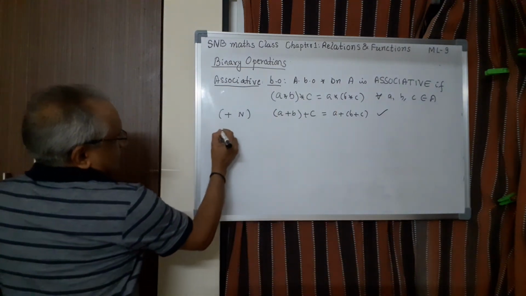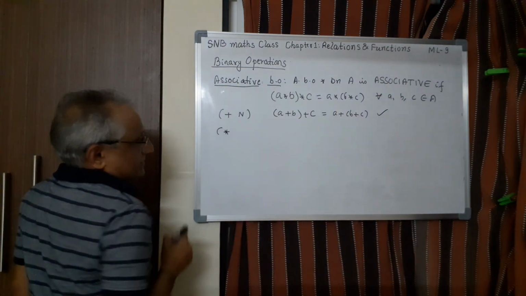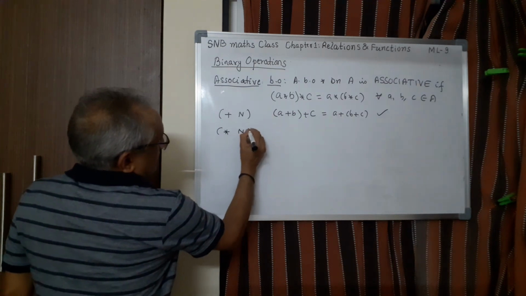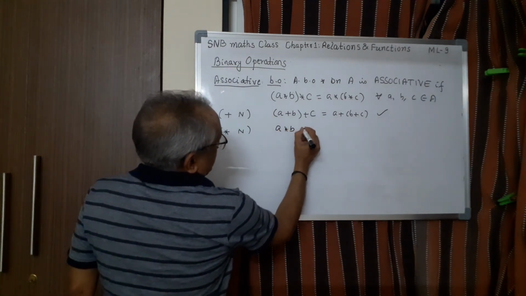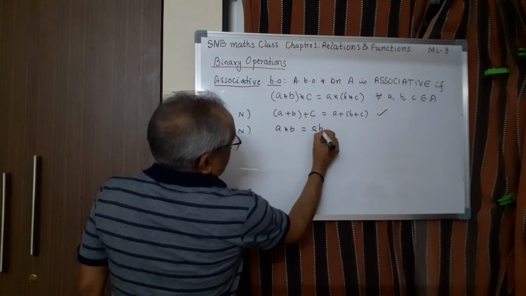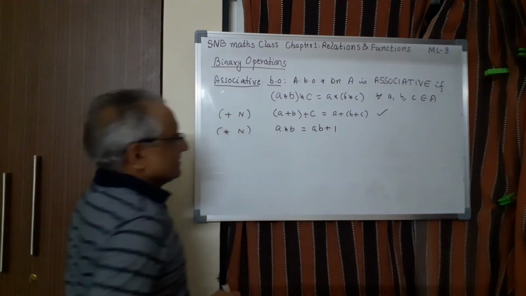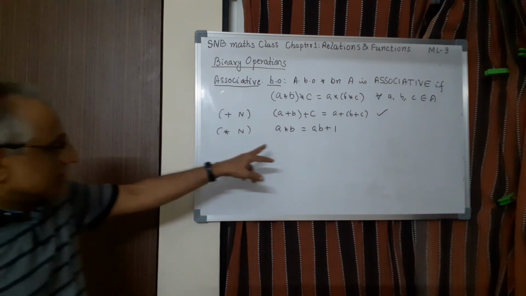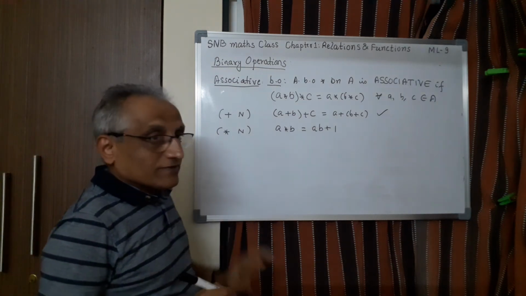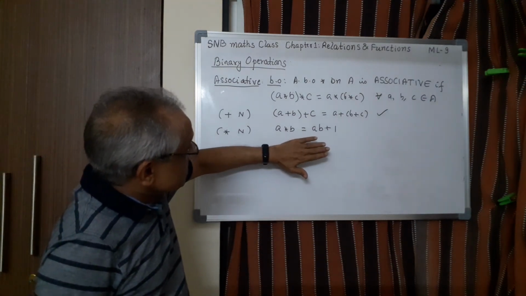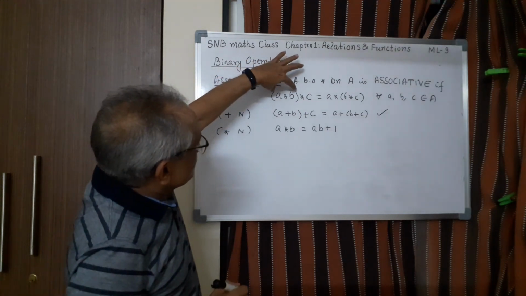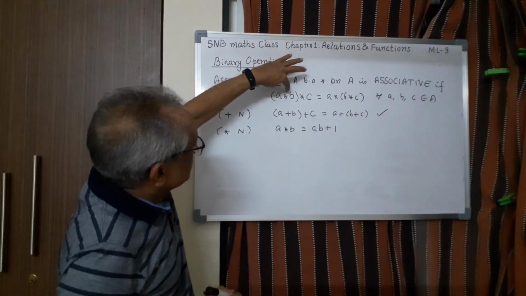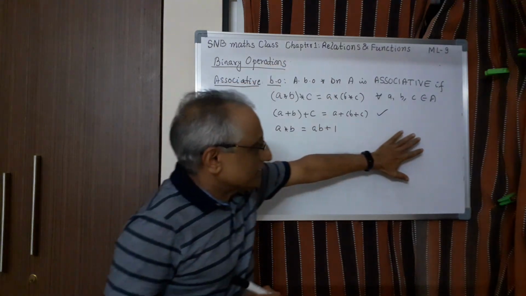Suppose I take an operation star in n defined by A star B equal to AB plus 1. For the previous example also I have taken this one. Whether it is associative, what I have to do is, first I have to take the left hand side, A star B, then star C. I have to simplify.